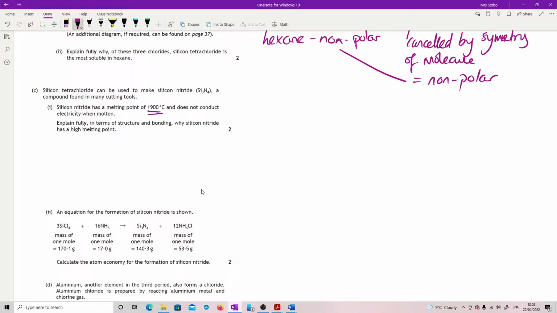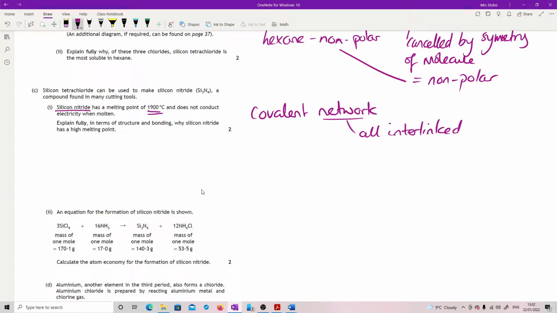A melting point this high with non-metals means we are looking at a covalent network structure.